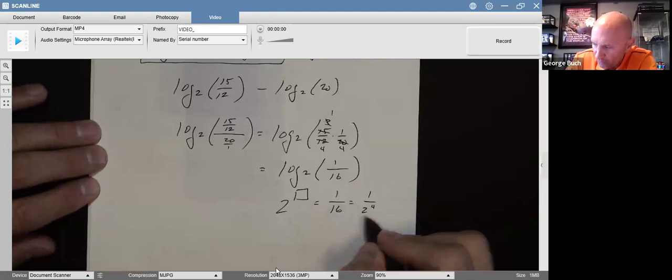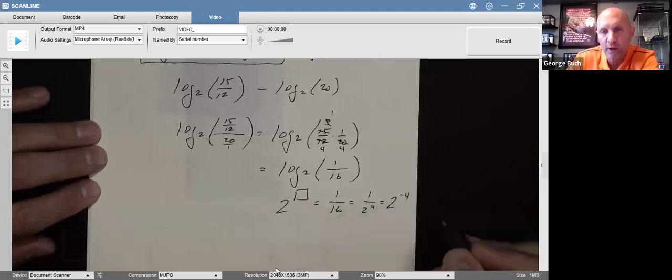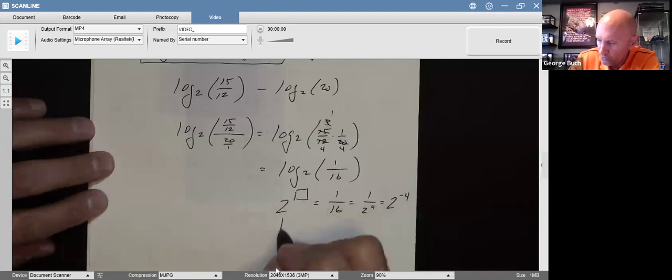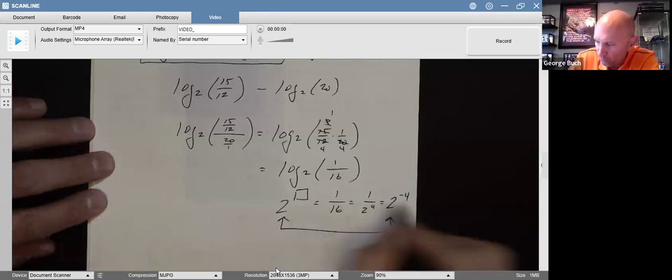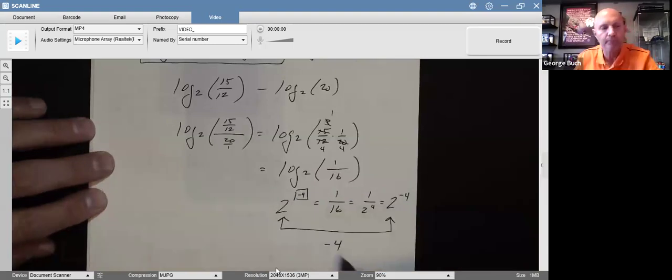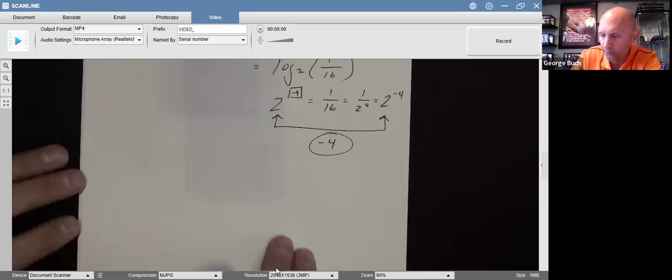So if I flip this using my exponent rules from day number 2, this is like 2 to the minus 4th power. So the only way that these two pieces are equal to each other is if the exponents are equal. So my answer then is minus 4. So a little long, a little tricky math, but that's our process.